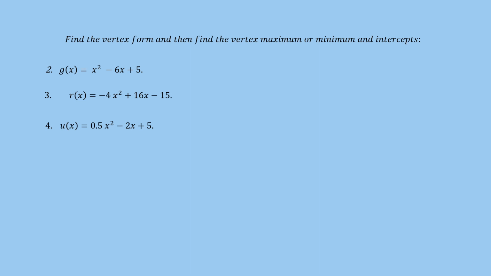Instead of rewriting in the vertex form, we can draw these graphs and find what these vertices are using the minimum or the maximum. In order to find the intercepts, we always use the zero process in our graphing calculator and get the result. So we can try these problems for extra practice.